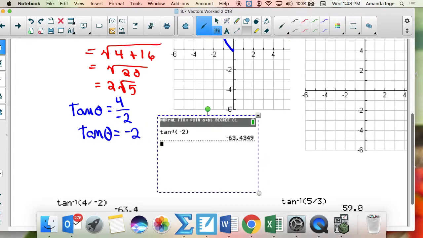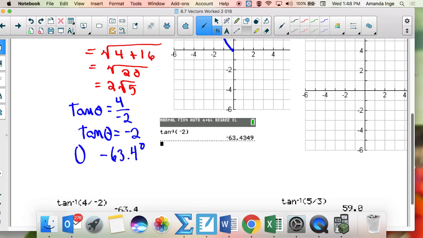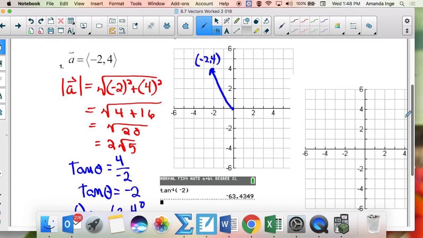So we're just going to leave that at -63.4 degrees. Okay. All right. But that's not the answer. That's not the answer because we're not in quadrant 1. We're in quadrant 2.